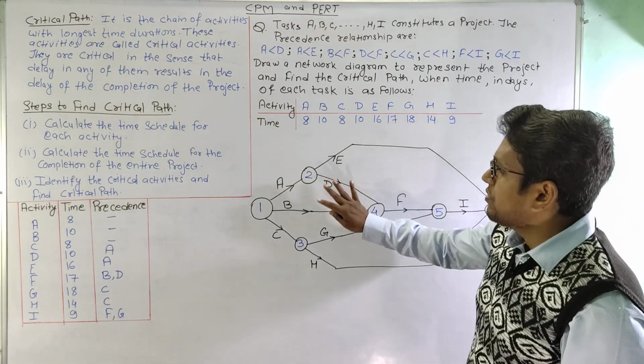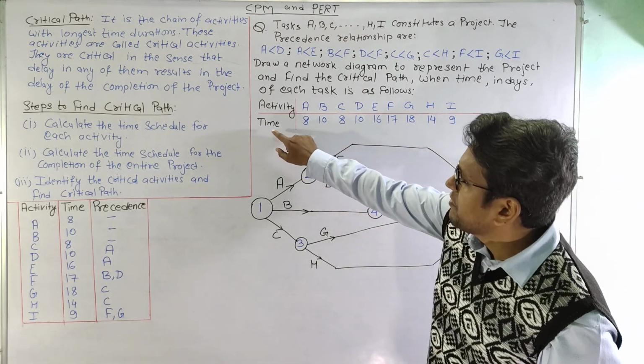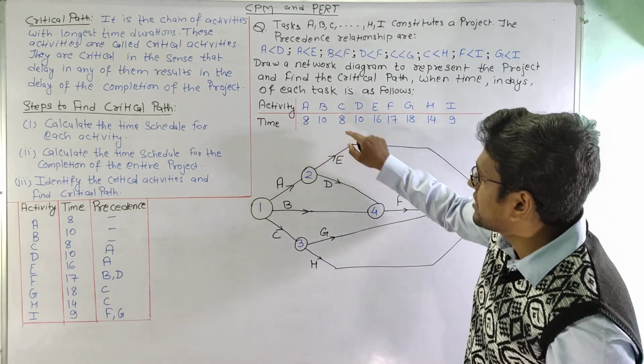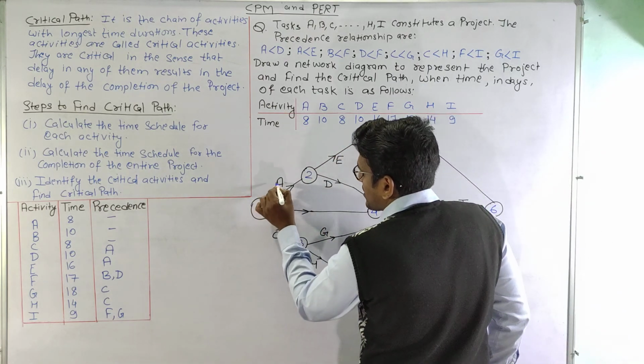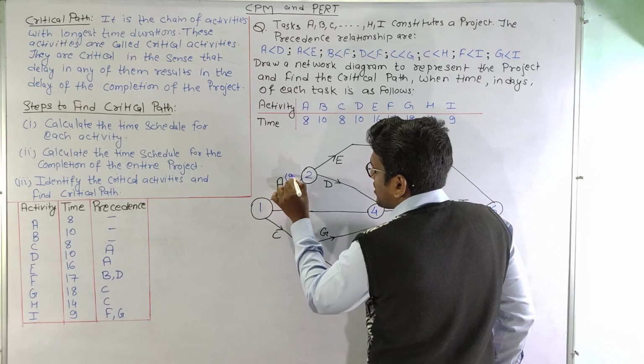Now to calculate the critical path, we have been given the time for each activity, so we will write here the time in brackets.